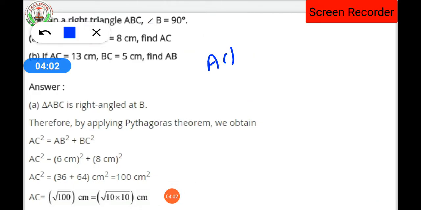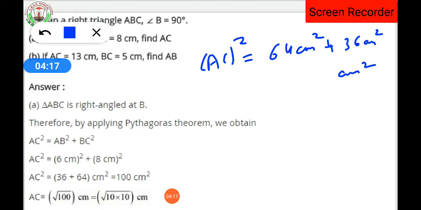AC whole square is equal to 64 centimeter square plus 36 centimeter square. Now add it, centimeter square plus centimeter square will remain the same, centimeter square itself. Now 6 plus 4 will be equal to 10, carry 1, 6 plus 3 will be equal to 9, 9 plus 1 equals 10, so 100. So AC whole square is equal to 100 centimeter square.